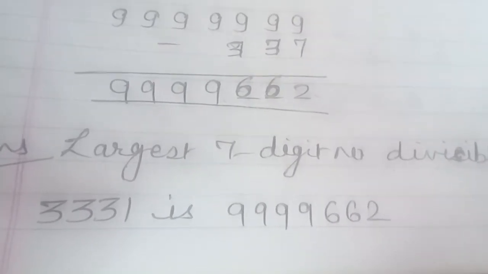I hope you understood. Now students, we will see the 10th question of exercise 4D. The question is: find the smallest 6-digit number that is divisible by 436. Here we have to take the smallest 6-digit number which is divisible by 436.